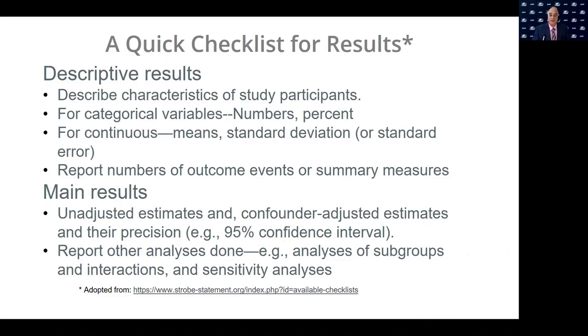When we say adjusted, that means confounder-adjusted estimates, meaning they are adjusted for other variables in the model. And then report other analyses. Sometimes it looks odd to provide the needed details, and I'll give you an example later on, but often without those details, your reader will not be able to understand what you're saying.